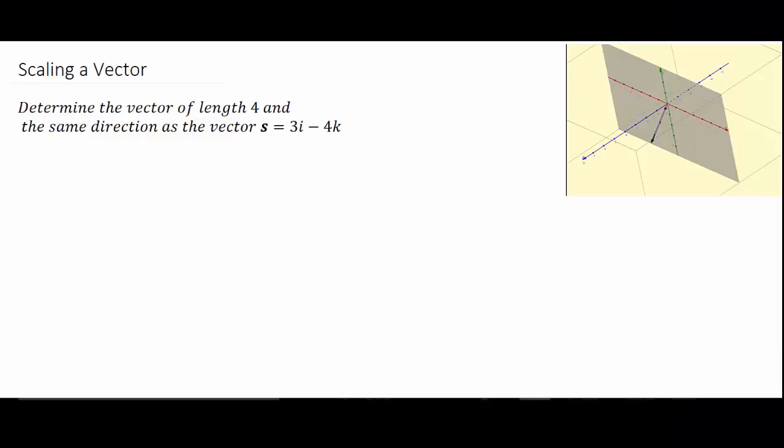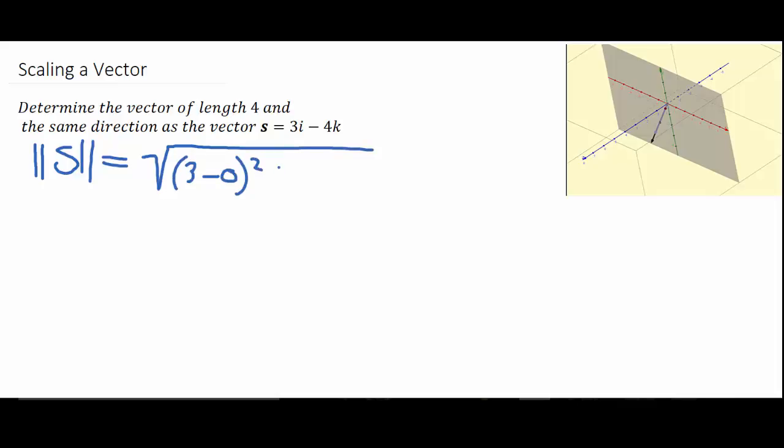To perform those calculations, I need to first determine the length of the vector s. The length of s equals the square root of 3 minus 0 squared, plus 0 minus 0 squared, since the j component is still there, plus negative 4 minus 0 squared.